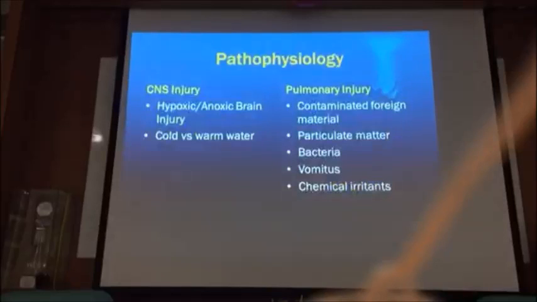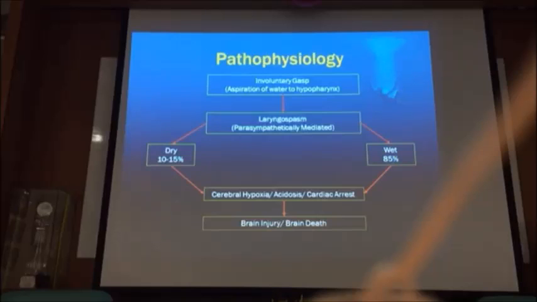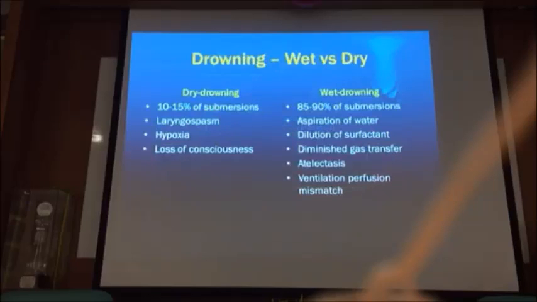So for pathophysiology, we have to consider in terms of the CNS and also pulmonary injury, and other factors contributing to the pathophysiology of drowning. But never mind. Complicating factors, this is prior to the drowning. And then this is before pathophysiology, and then they have a new theory on that.